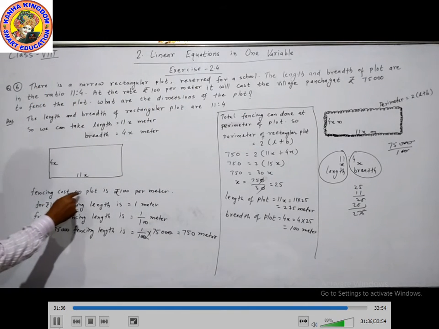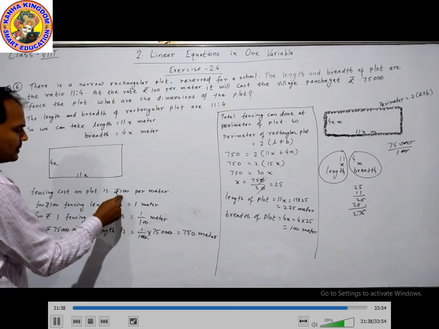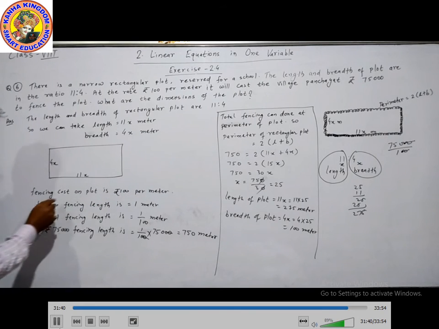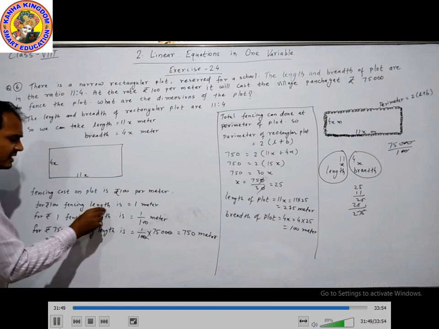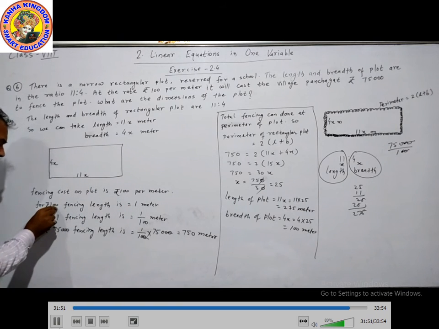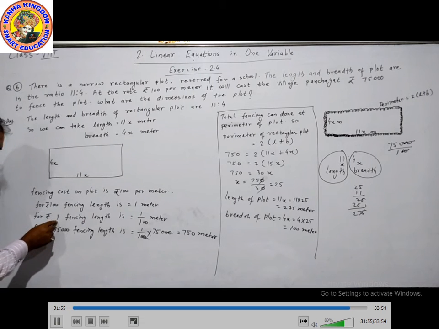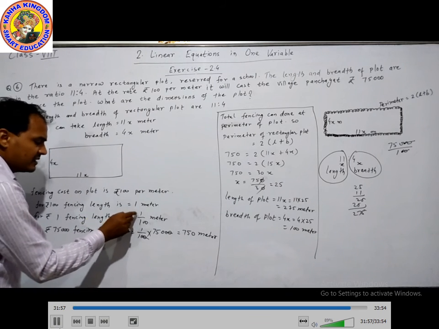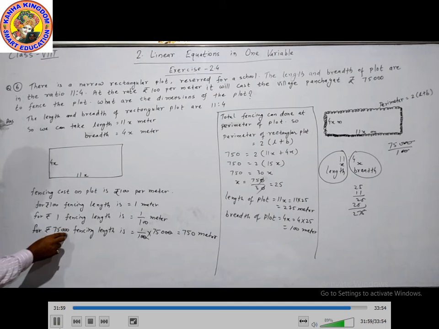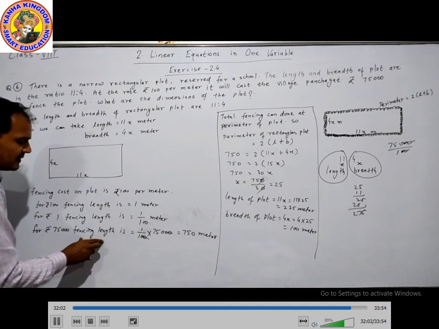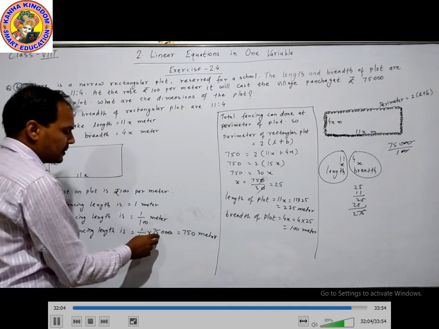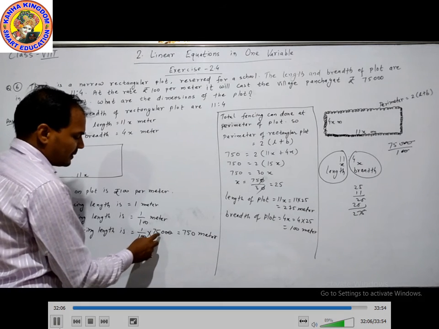The fencing cost on the plot is rupees 100 per meter. So for 100 rupees, the fencing length is 1 meter. For 1 rupee, the fencing length is 1 by 100, and for 75,000 rupees, fencing length is 1 by 100 into 75,000.